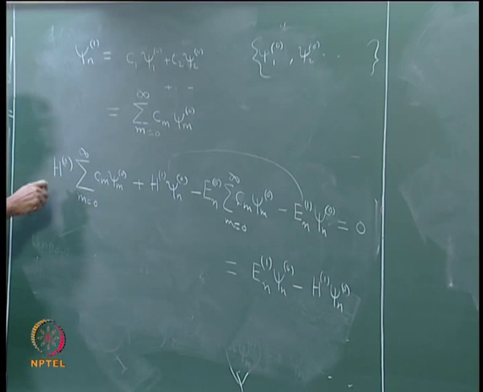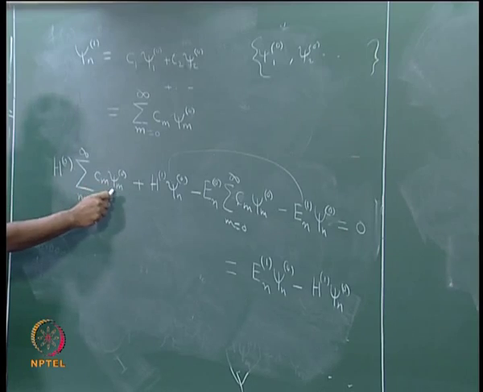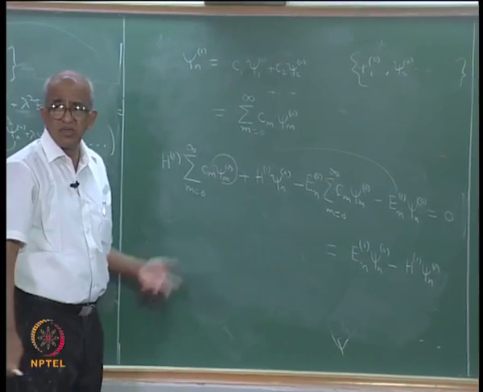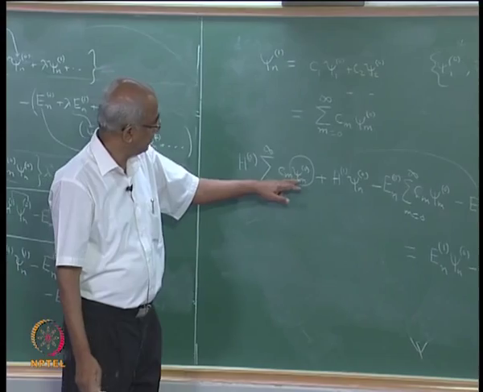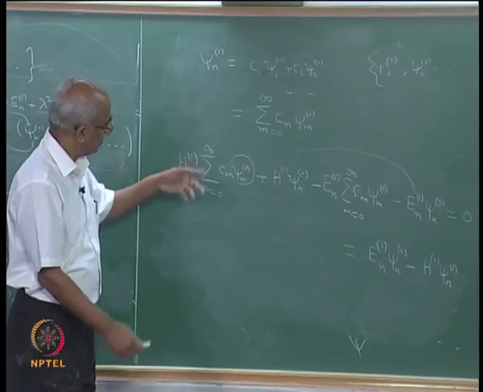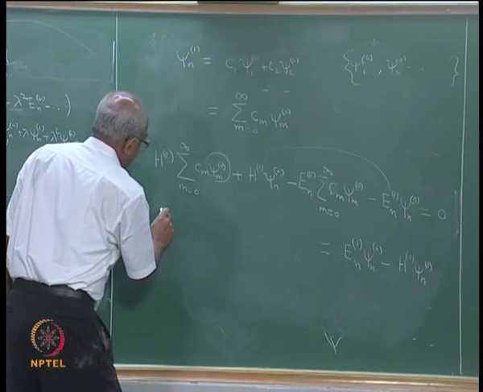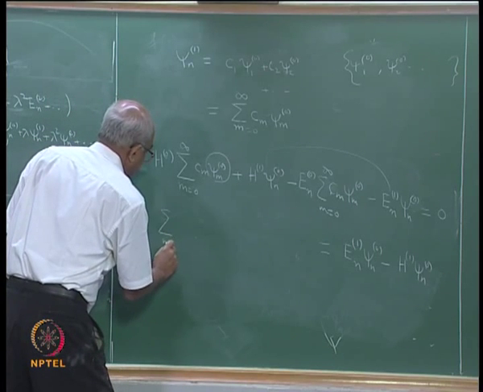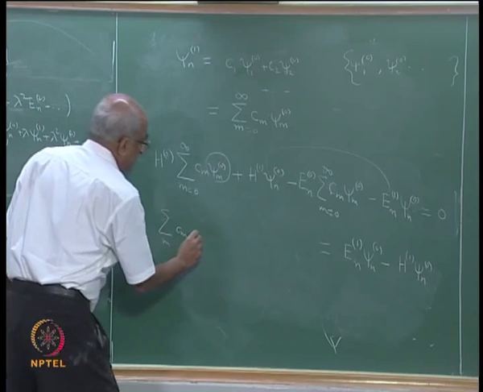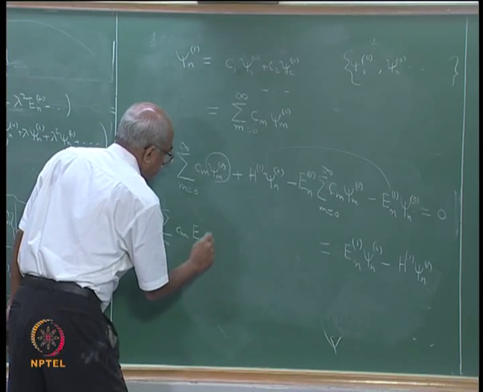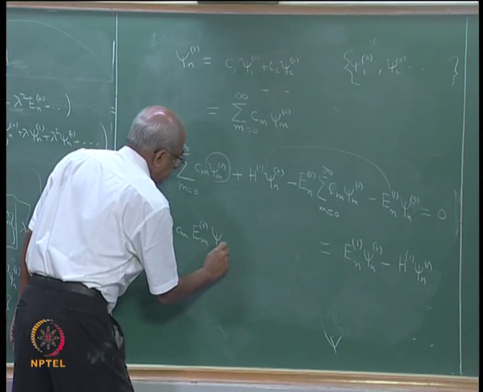That is going to be there, but H 0 is going to operate upon psi m 0. What would that be? This is an eigenfunction of H 0. So, therefore, you will have the eigenvalue coming out. So, this actually is going to be sigma m C m E m 0, that will be the eigenvalue, multiplied by psi m 0.